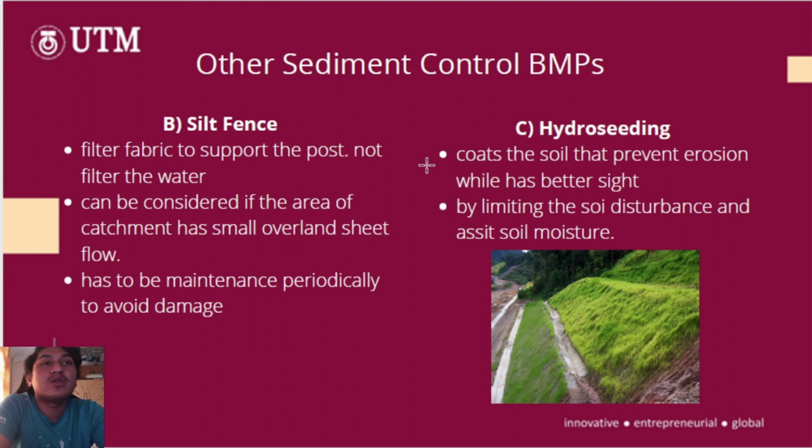By using this design, we have to make sure that the silt fence is maintained periodically to avoid damage. Lastly, we design hydroseeding. Hydroseeding coats the soil to prevent erosion while establishing a better site, by limiting soil disturbance and assisting soil moisture.